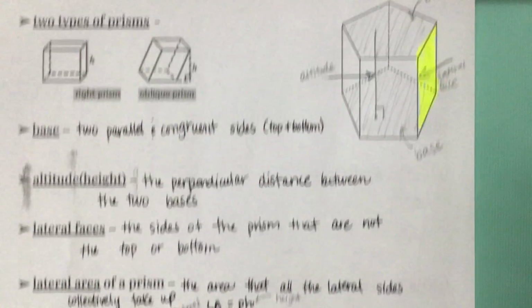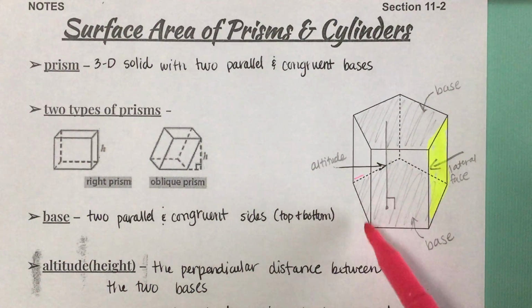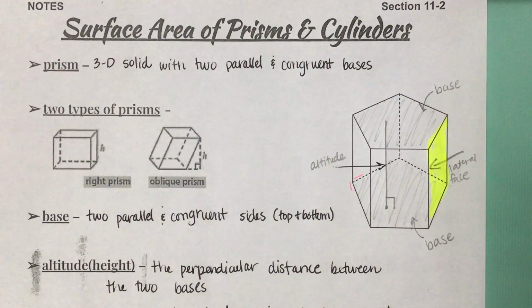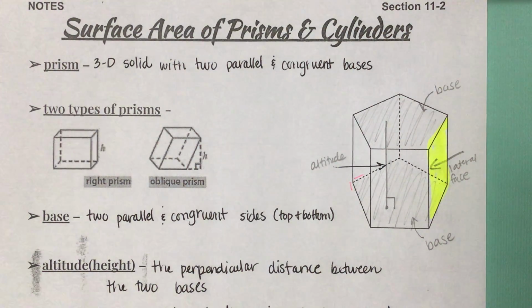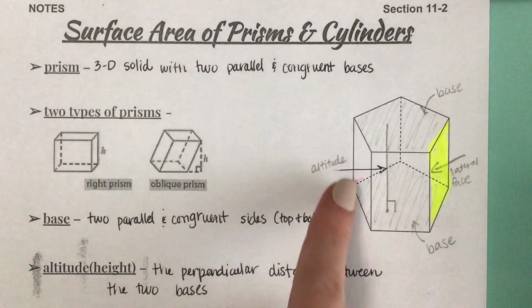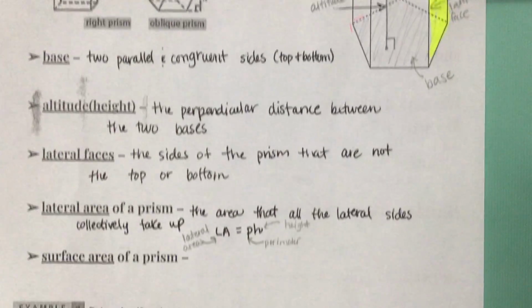And if we were looking at this prism up here, this is what we mean. So the perimeter goes all the way around the base. So what's the perimeter of that? And then you're going to take that and multiply it by the altitude, or how tall your shape is. So the value that would go up and down along this line, basically. So that's how we're going to find lateral area.